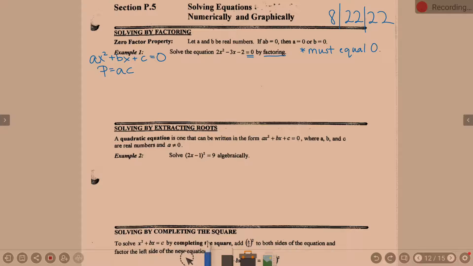But if we're using product of AC, what are my A and C? 2 times -2, which is -4. And we need a sum of B. What is my B value? -3. So two numbers multiply to be -4, add to be -3.